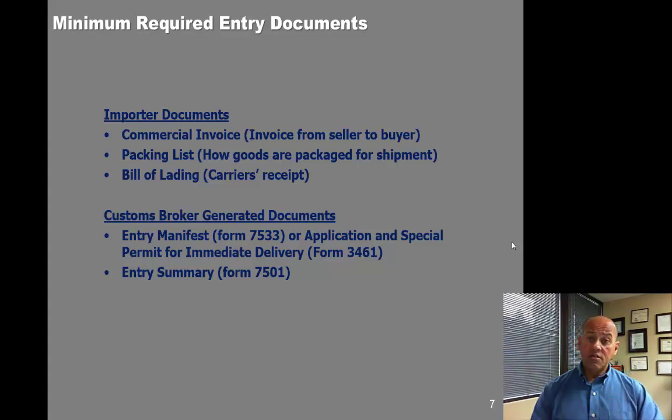Now, a little bit of note about the commercial invoice. Commercial invoices can look and be formatted in all kinds of different ways, but you at least need to have the information of the seller, the information of the buyer or importer, that would be you, a full description of the goods. So not only a model description of the goods, but a general description of the goods.